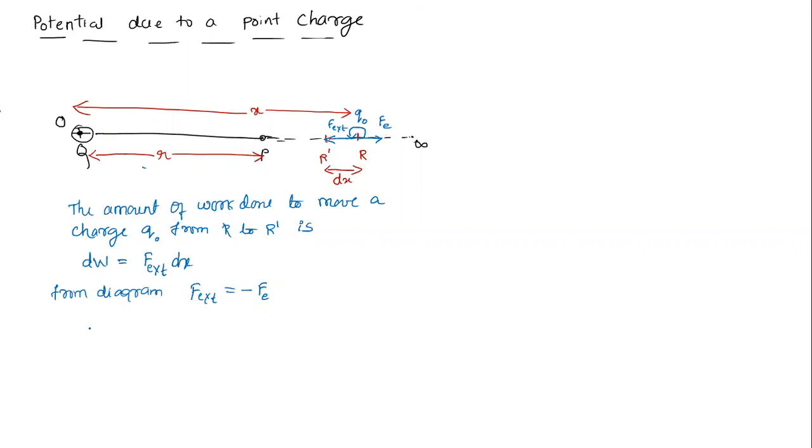So the work done dW equals minus F electric multiplied by the displacement.